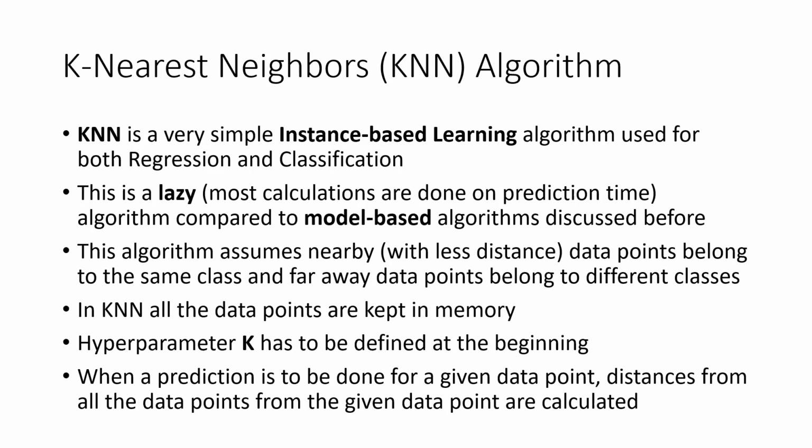You don't have to keep all the data point values. But in this case, you have to keep all the values in memory, and when a new data point comes, you have to compute the distances to all these data points, which is highly computationally expensive compared to other learning algorithms. So that is the disadvantage of using k nearest neighbor. When you have a lot of data, this may not work because the computational requirement increases with the number of data points.